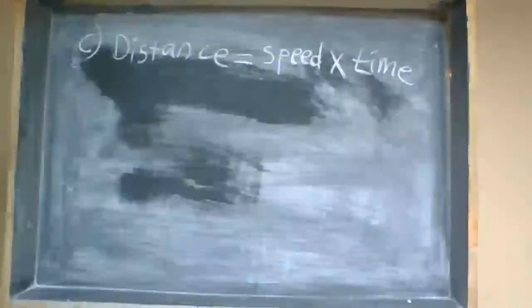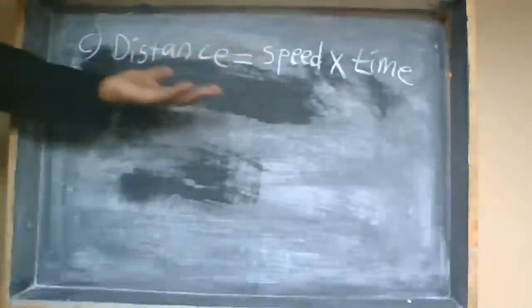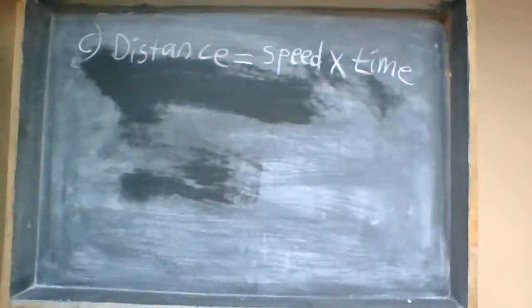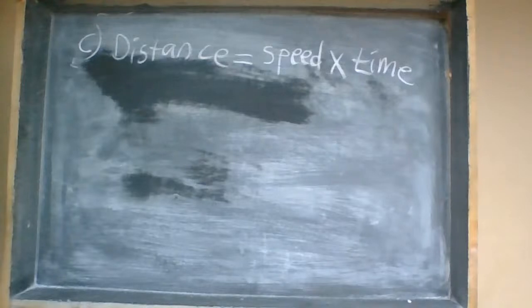Now, we want to calculate the distance which was traveled during the deceleration, as the car was reducing its speed from 72 kilometers per hour to 0, which is resting, in 4 seconds.